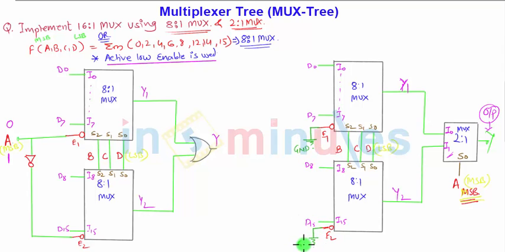So both the multiplexer ICs are simultaneously active, but this 2:1 mux will decide whose output is to be taken and forwarded to Y. In the earlier case, when we solved it first, the A bit was used as an enable bit. While using that earlier structure, only one of the ICs is activated and the other is deactivated because of this inverter gate. Due to this inverter gate, it has A bar here, so only one of the ICs is working at a time.